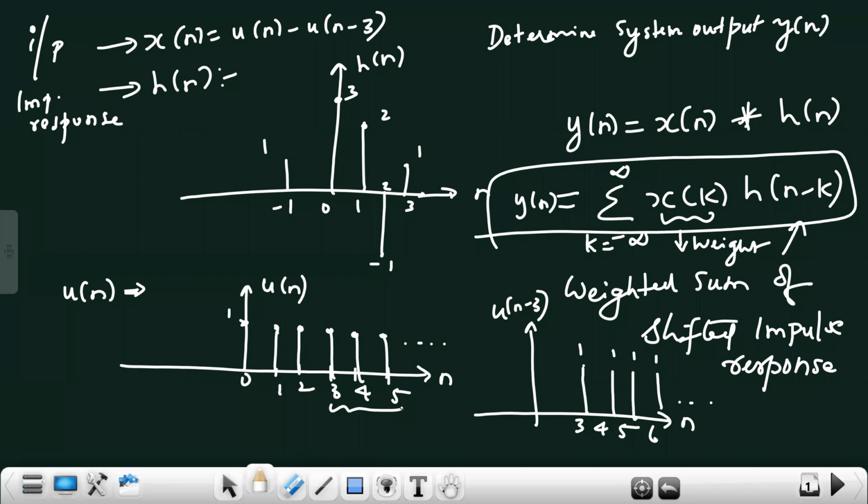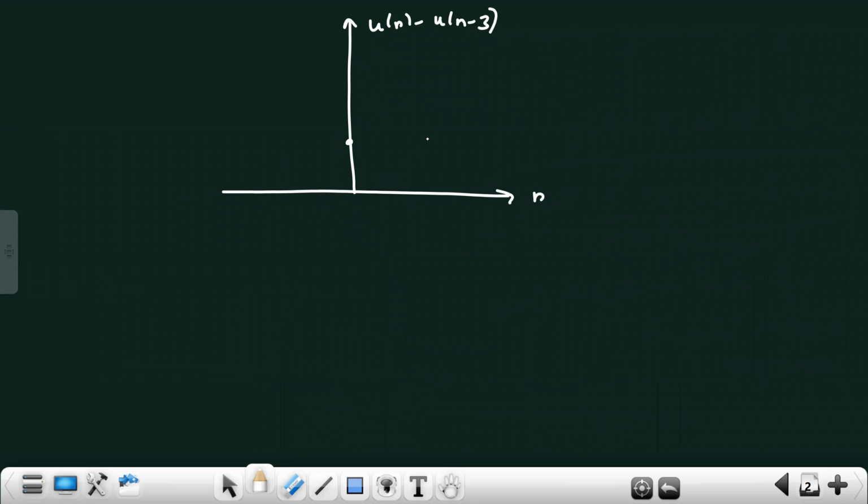As a result, when you subtract, the answer will be 0, and the only samples that will be left after subtraction will be at 0, 1, 2. So the subtracted output, u of n minus u of n minus 3, will have only 3 samples starting from 0 and ending at 2. This is your x of n.